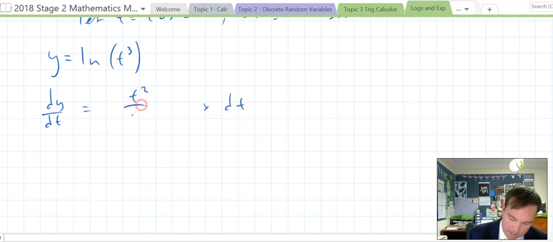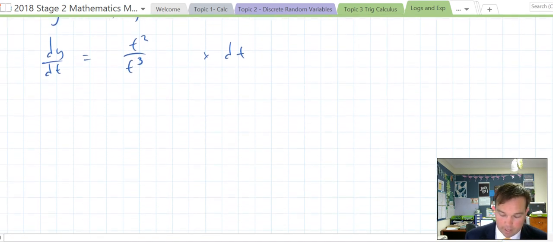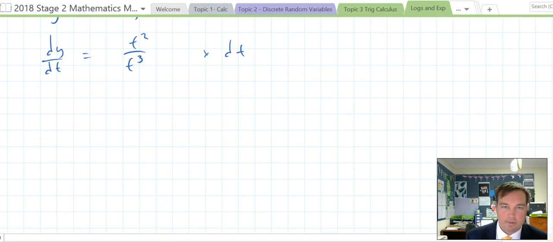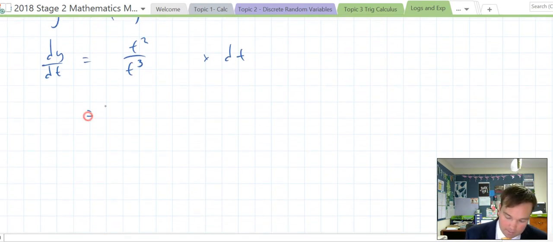So t squared on t cubed times dt. Now, if you want, we can either simplify it here or simplify it after the replacement back. I would say simplify it here, makes it look nicer. t squared on t cubed is 1 on t times dt, and that is dy dt.